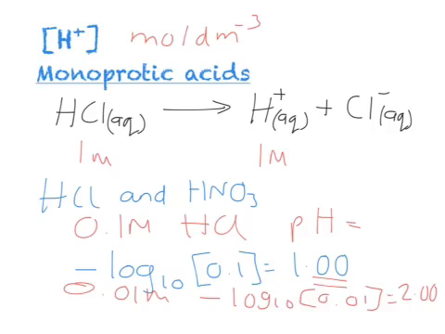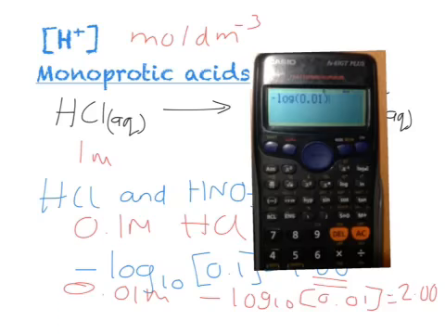Note here that a weaker acid has a higher pH number. And a quick reminder how to put that into your calculator. You want to put negative and then press the log button and then enter the concentration of that strong acid, then close brackets and then press equals.